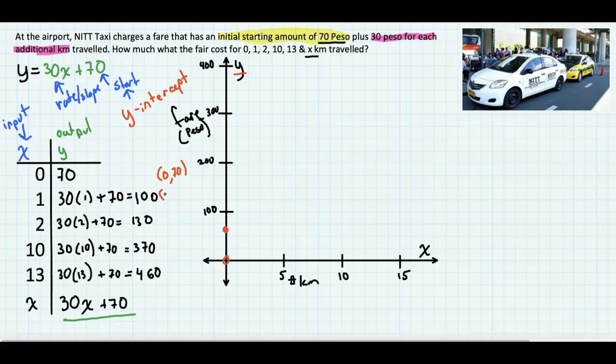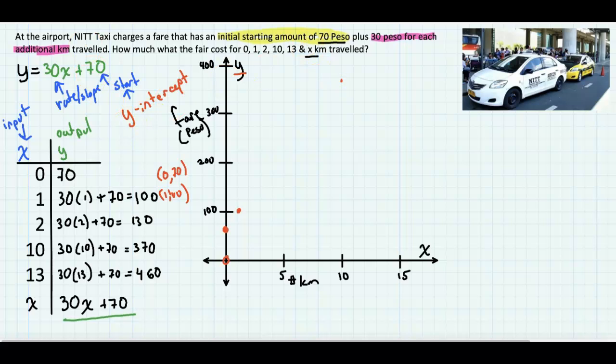Another point we could say is 100. That didn't look too nice, but right here is 100. I'm going to skip to the 10, which is 370. So 10, and then 370 is up here somewhere. That's 375, so right there.